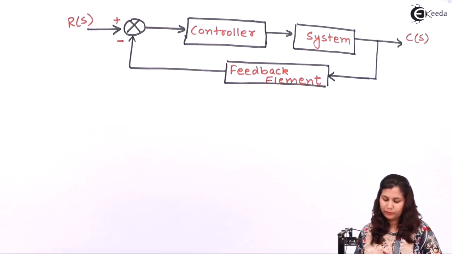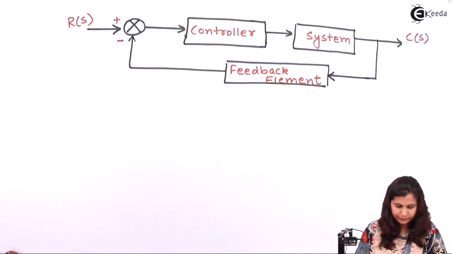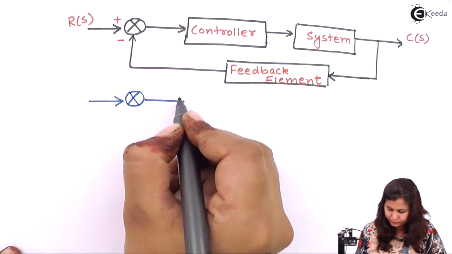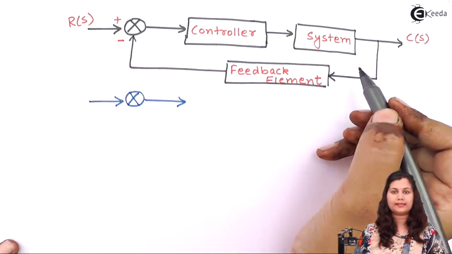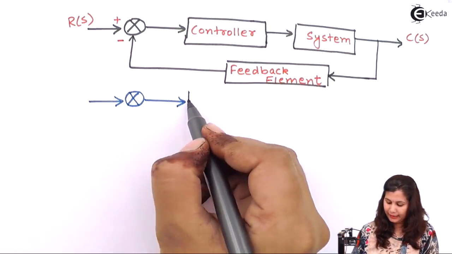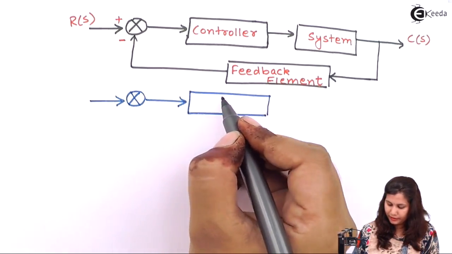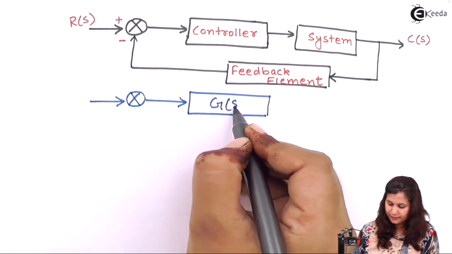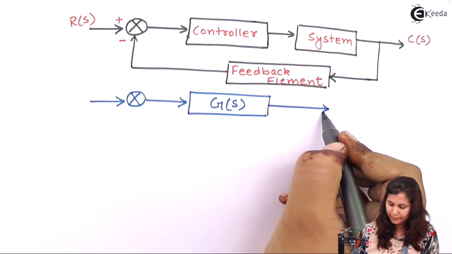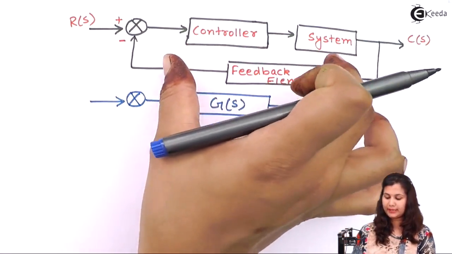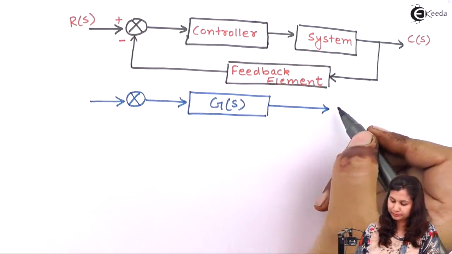So let's draw the block diagram for it. This controller and system can be combined, and we can have a block for it showing the transfer function of this complete system.